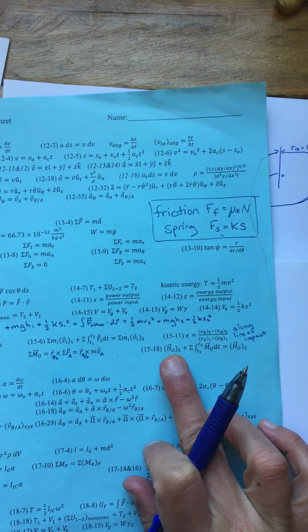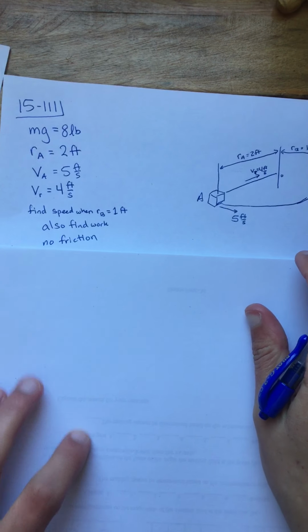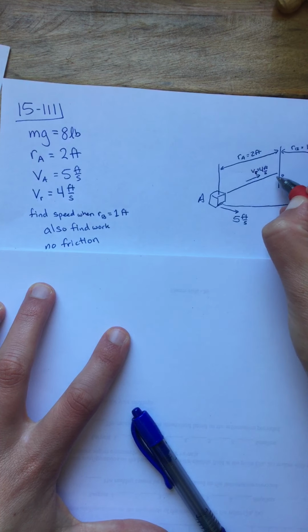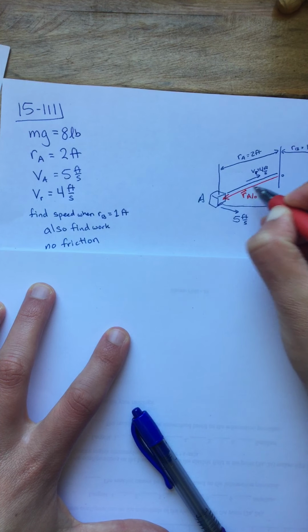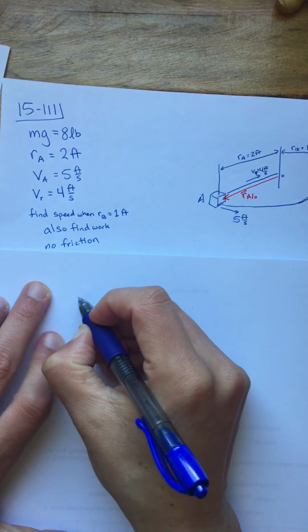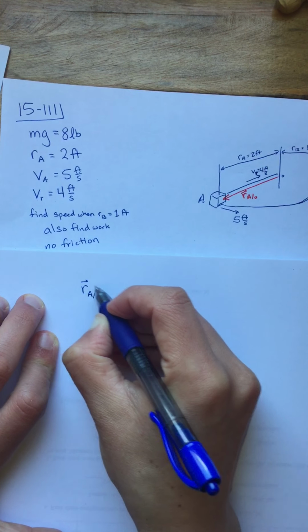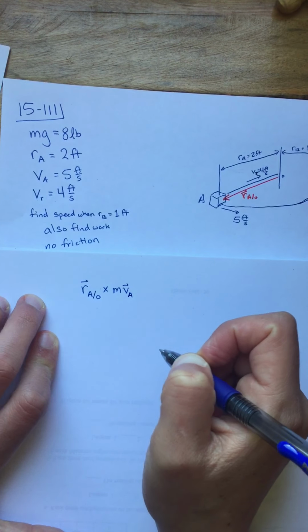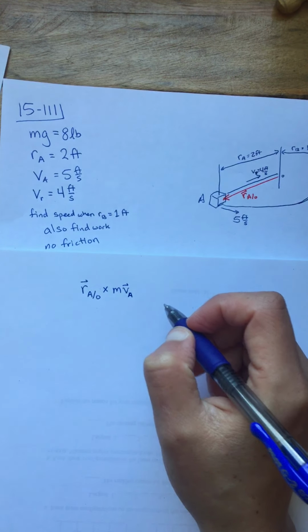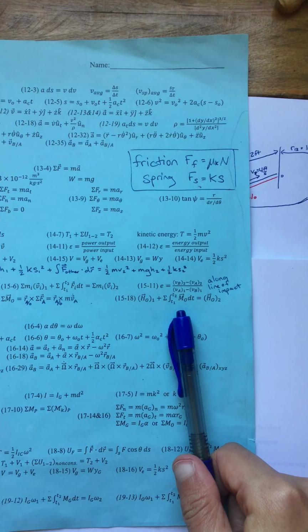So I have the initial angular momentum, which is R crossed with mv, and R is going from point O to point A. This is the position of A with respect to O. So for my angular momentum, I have R_AO crossed with the mass times the velocity at point A, plus my angular impulse, which I have here.